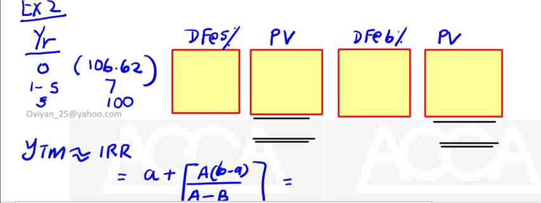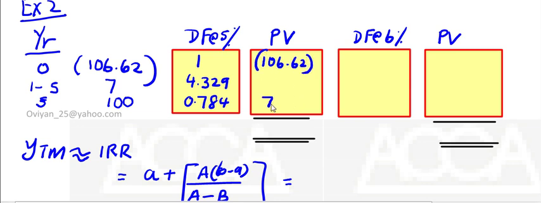So let me calculate at 5%. Years 1 to 5: the factor is 0.784, and recalling your memory, you're going to get 4.329. This is 106.62, and this is 78.40.